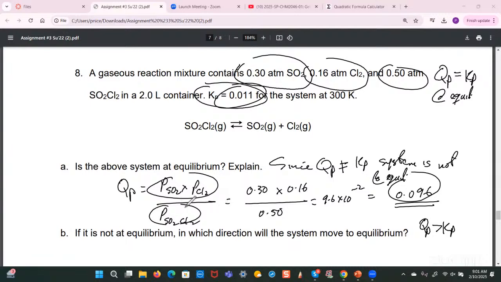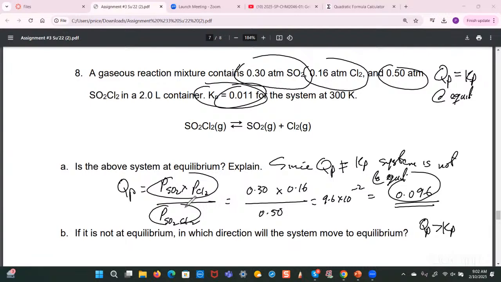You want Qp to be lowered to be equal to the Kp. Kp is here, right? And Qp is here, right? So when the system has this value for Qp, it's not at equilibrium. So how do you bring the Qp down to be equal to Kp?